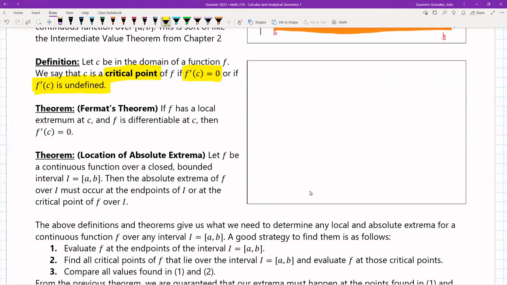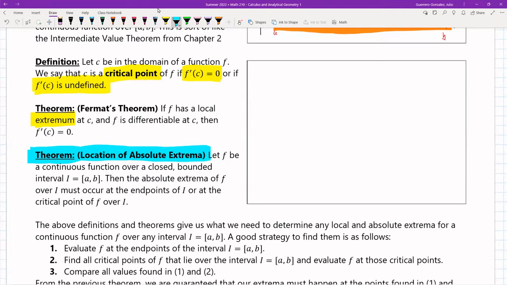Basically, if you have any extrema, either a maximum or a minimum, and your function f is differentiable, then the derivative is going to be equal to 0 at that point. This next theorem, location of absolute extrema, is the culmination of everything I just said, the definitions and theorems above.